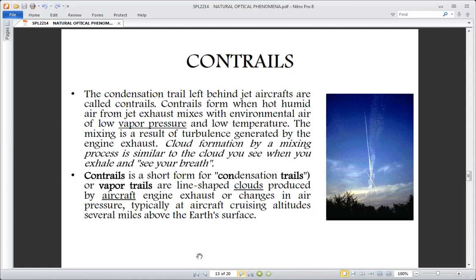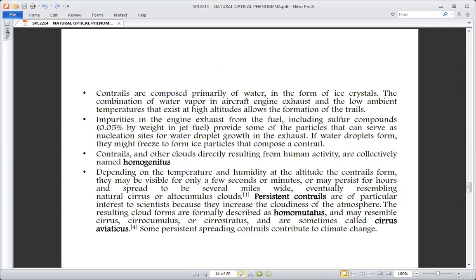So let's see. Contrails and other clouds directly resulting from human activity, because even the fact that you have an aircraft producing hot air is a human activity, are collectively referred to as homogenitus.